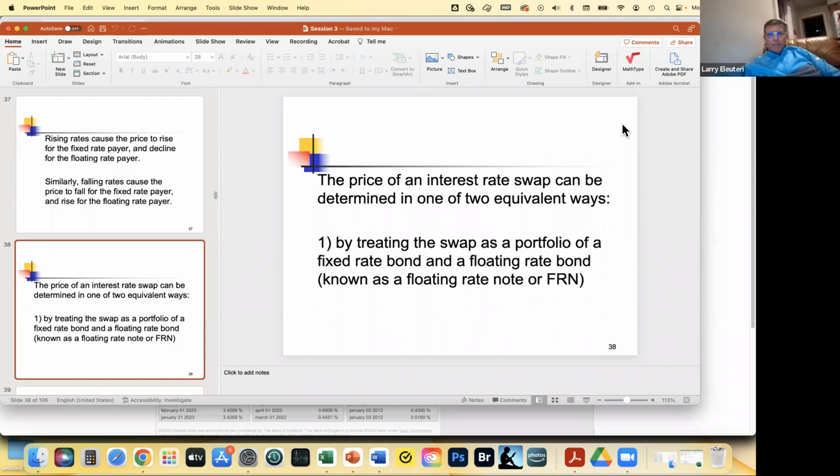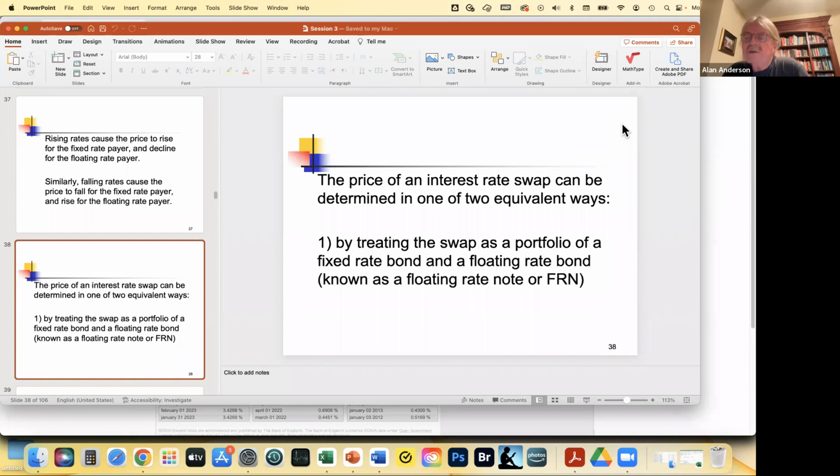Well, it's going to be whatever the current market conditions are. In other words, if I am entering into a swap and I'm paying 5%, the floating rate that's coming back to me on the first day of the swap will have to match up with the fixed rate so that the two sides are equal to each other. And then after that, the floating rate will change every day, and that will affect the value of the swap.